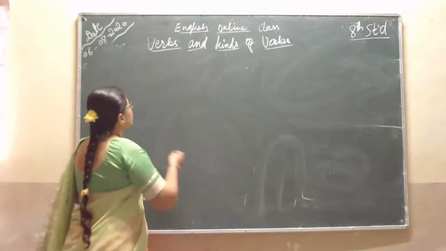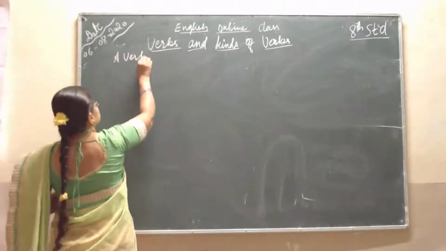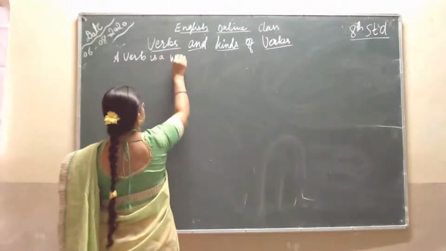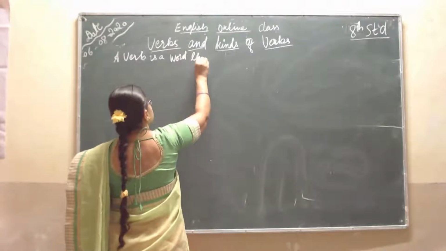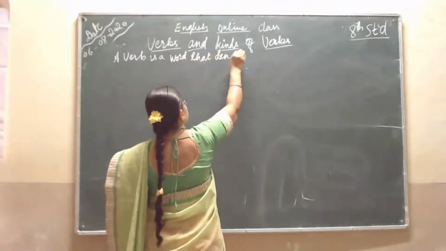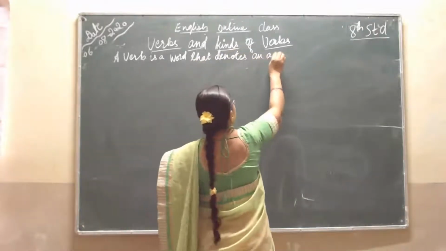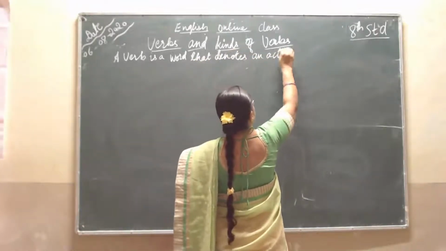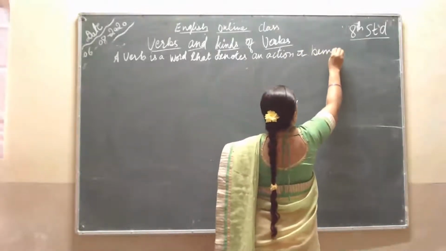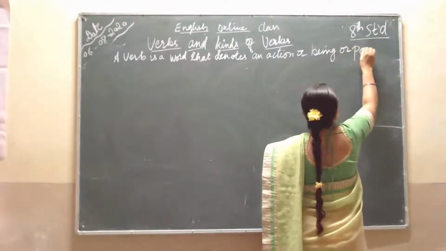So a verb is a word that denotes an action, or being, or position.